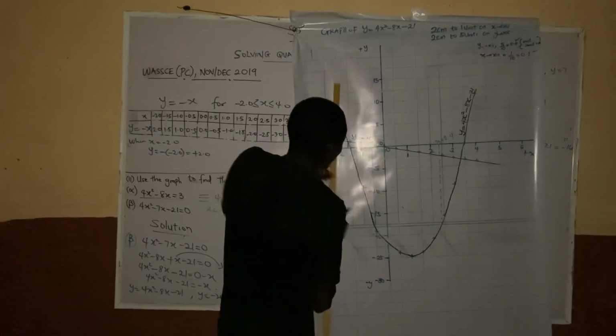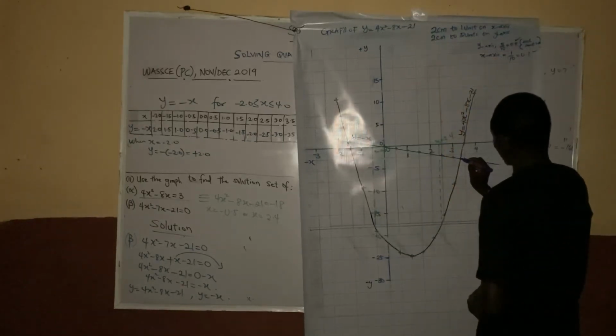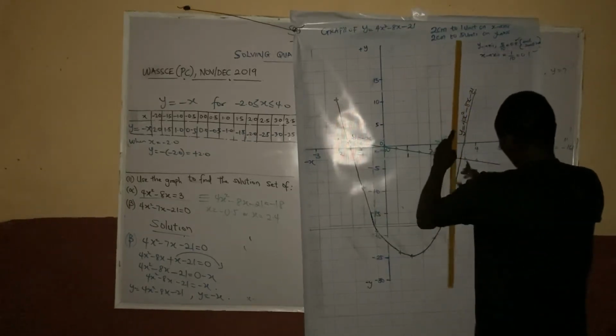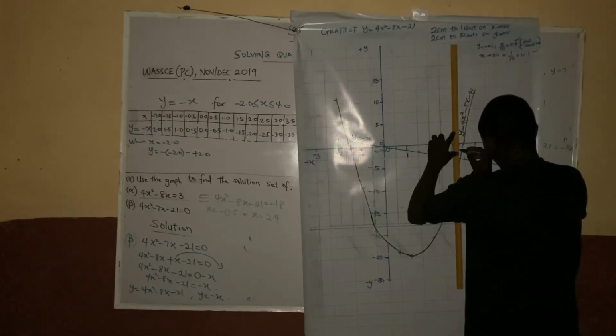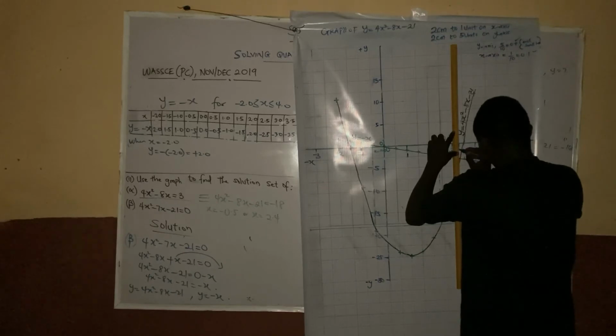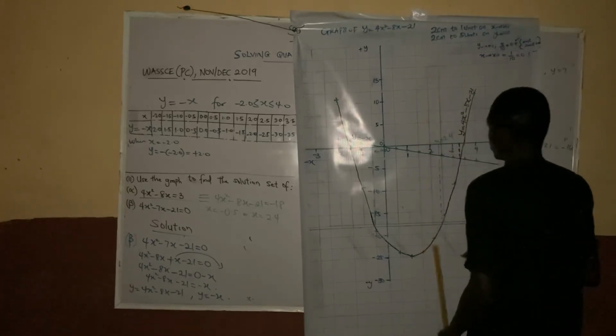When they are equal to each other, trace this one up. The point of intersection also, trace it up to get your point. So that's that about that.